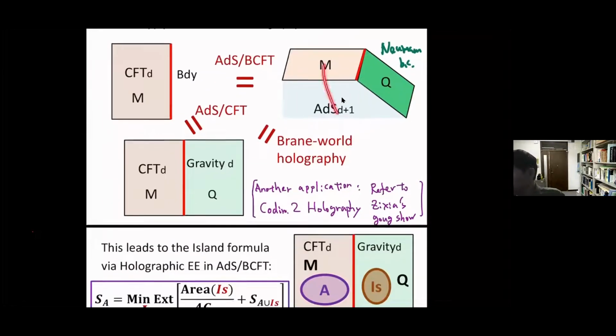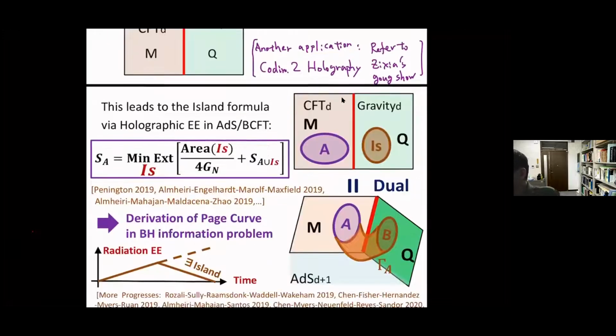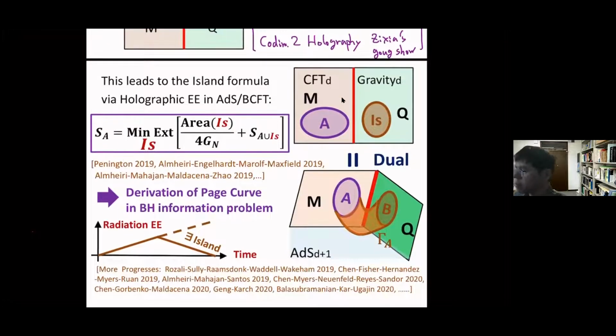By using brane-world holography, we have some CFT here mapped to here, and we can regard this gravity as brane-world gravity. Then this surface Q appears. Once you have this setup, it is much like AdS/BCFT, where Q is the end-of-the-world brane with Neumann boundary. Then we can calculate the entanglement entropy of A by using holography and the AdS/BCFT prescription: just the minimal surface ending on the boundary Q.